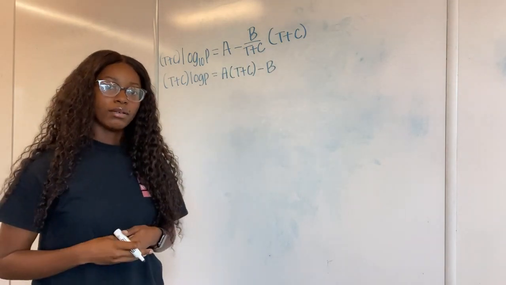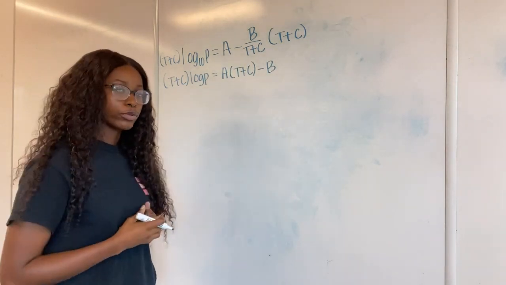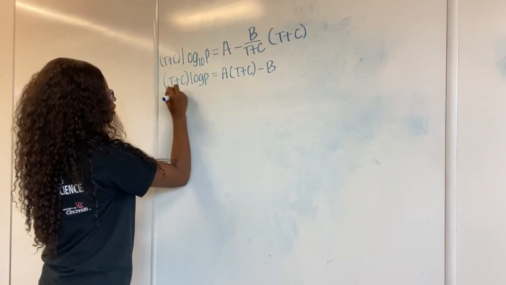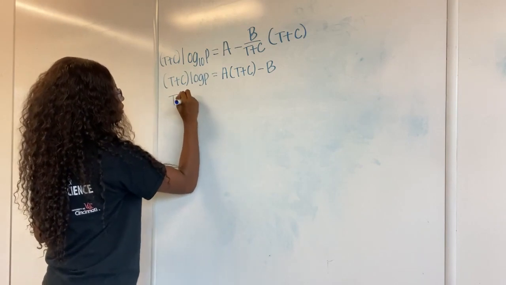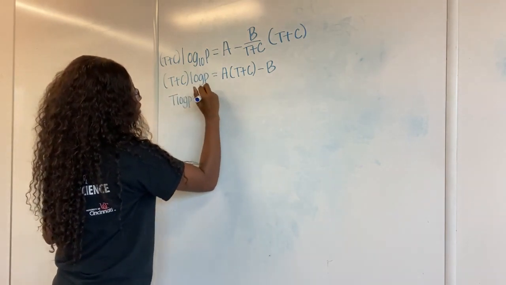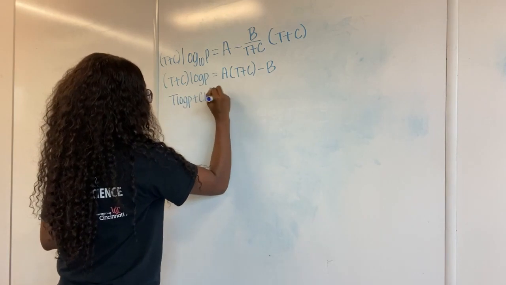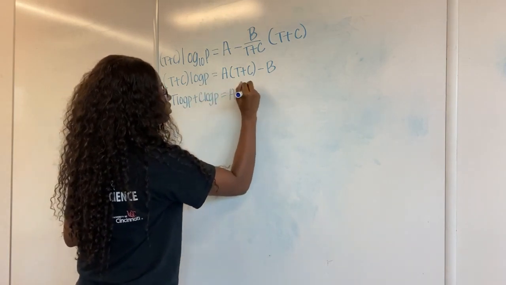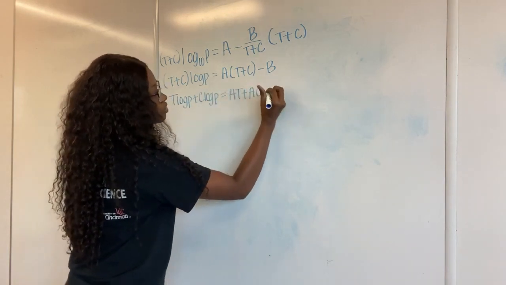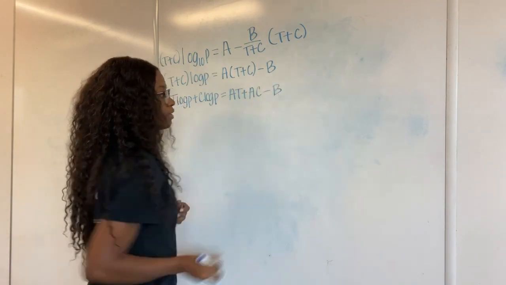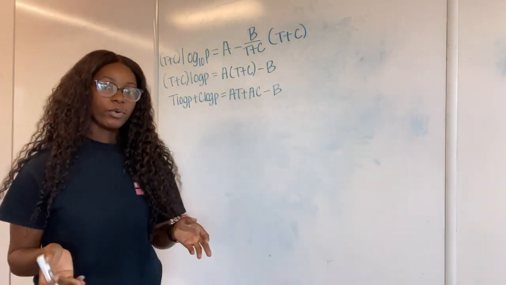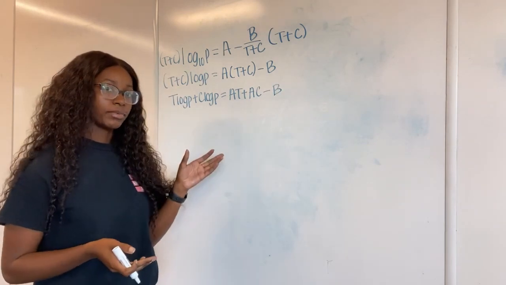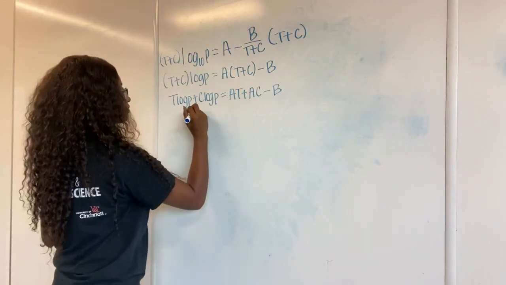And after that, we can multiply each of the terms through the entire equation and get T log of P plus C log of P equals A times T plus A times C minus B. At this point, I'm going to subtract the C log of P term from both sides.